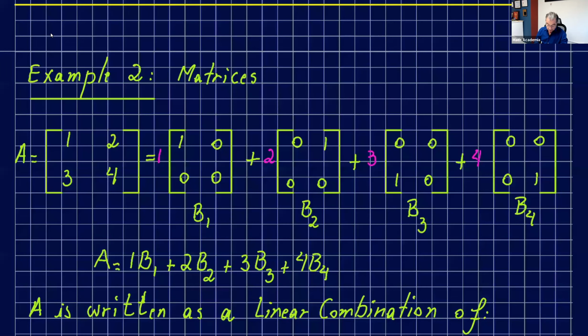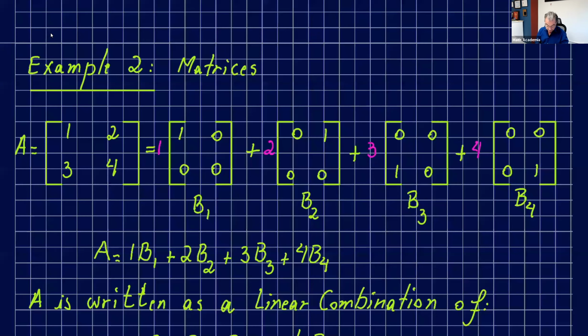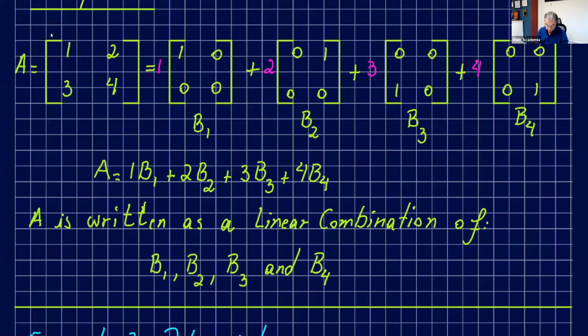So if we multiply all these numbers to those matrices and add those matrices, then we get the matrix A. So that's pretty straightforward. So we can say A is 1 times B1 plus 2 times B2 plus 3 times B3 plus 4 times B4. So A is written as a linear combination of B1, B2, B3, and B4.